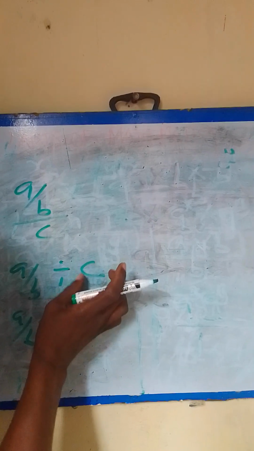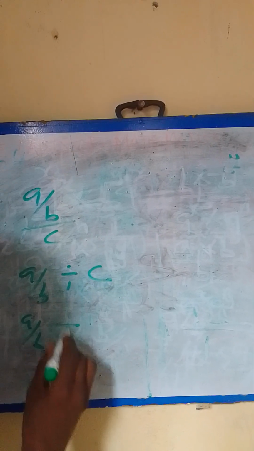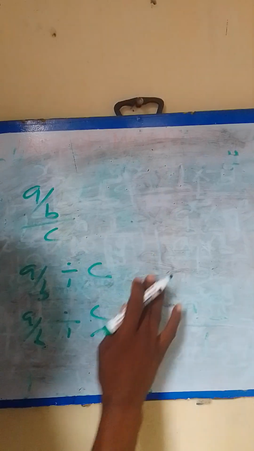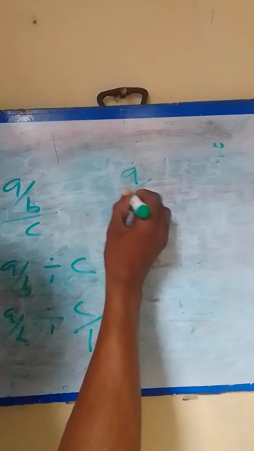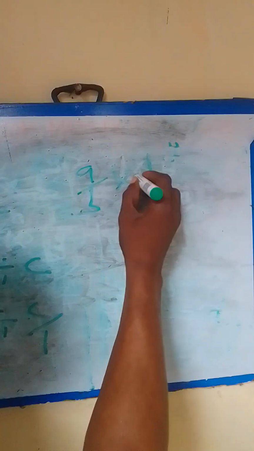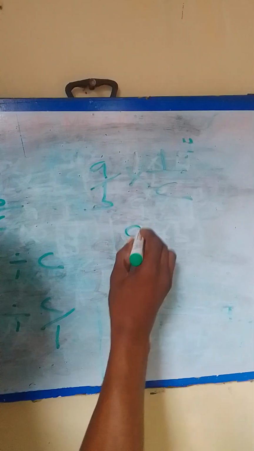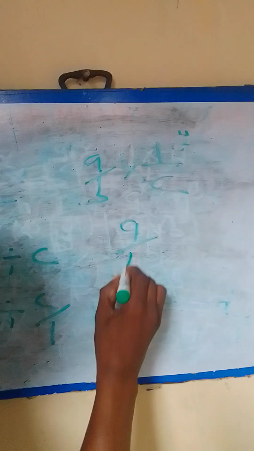The c is a numerator, so it has a denominator of 1. This is the same thing as saying c divided by 1. So you now have a all over b times 1 all over c.